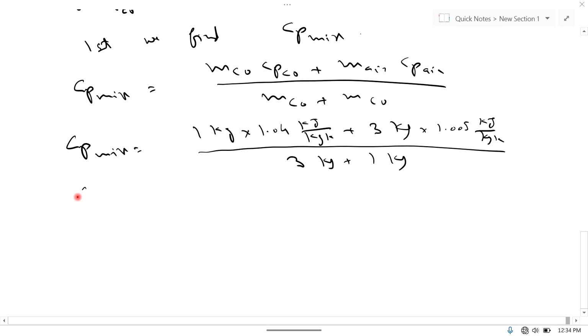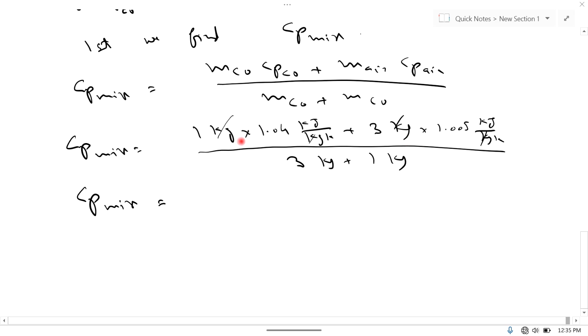So Cp of the mixture is equal to, this kilogram will be cancelled with kilogram. 1 multiplied by 1.04 is 1.04 kilojoule per Kelvin plus 3 multiplied by 1.005. This kilogram will be cancelled with this kilogram, and you can multiply and then add.